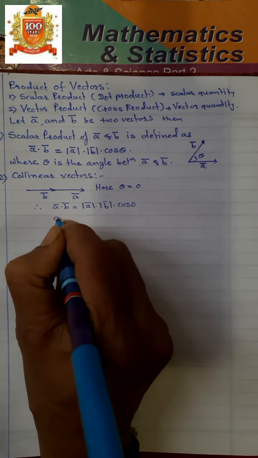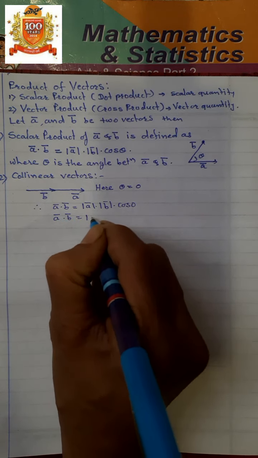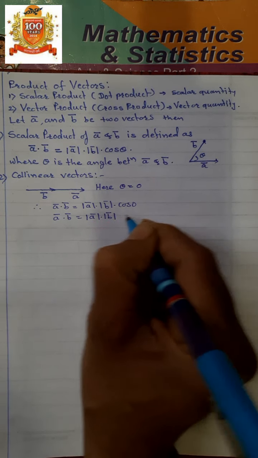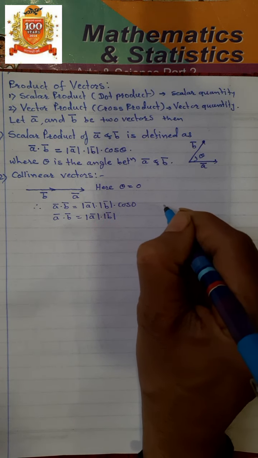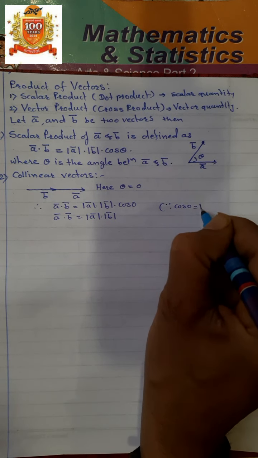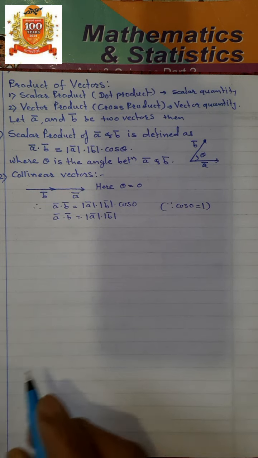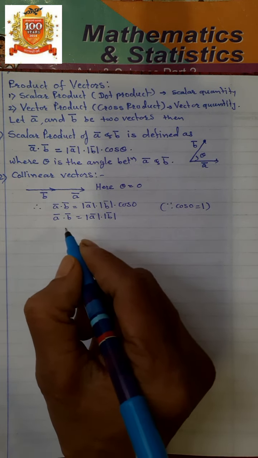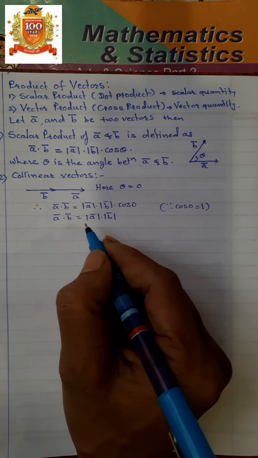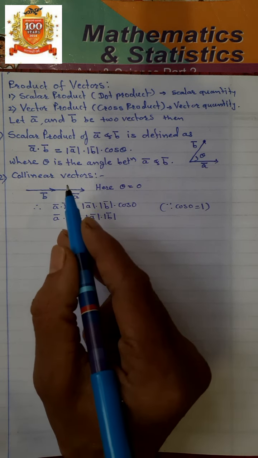That is A bar dot B bar is equal to mod of A bar into mod of B bar, since cos 0 is equal to 1, isn't it? So if the dot product of two vectors A bar and B bar is equal to modulus of A bar into modulus of B bar, then we can say that two vectors are collinear.